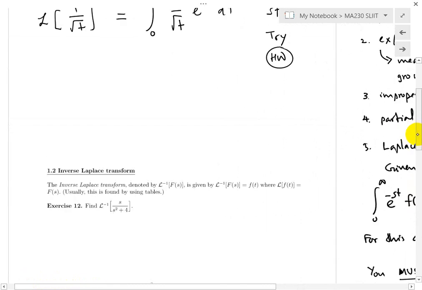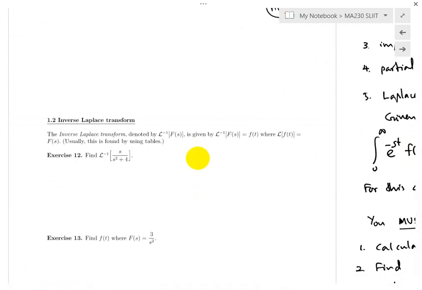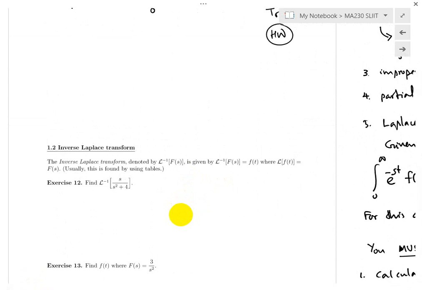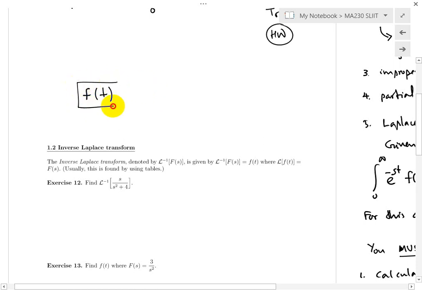Okay. Next here I have written the inverse Laplace transform. So now what's happening here? Say we had this function little f, right, in the time domain, and we put it into this kind of object, which did the Laplace transform. Okay.